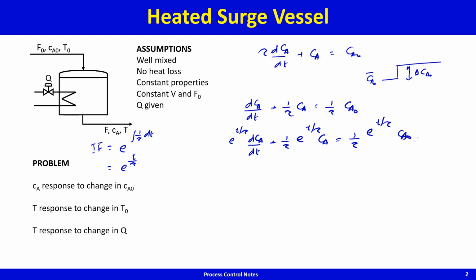We'll put in Ca naught a bit later. And the left hand side then simplifies to, that's the idea behind using an integrating factor. And you can see that if I differentiate this guy, I'll recover this guy. And this is equal to 1 by tau e to the power t by tau Ca naught.